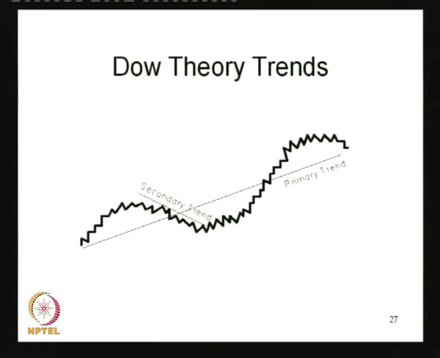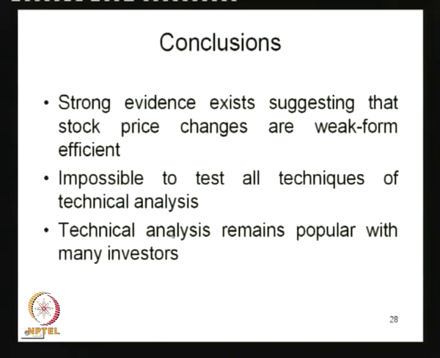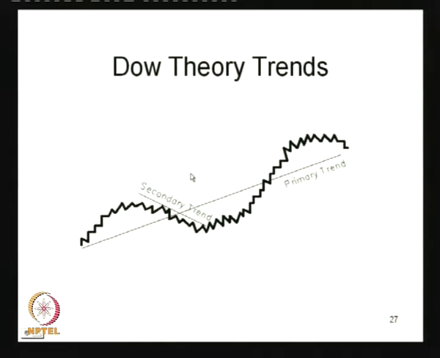This is your primary trend and this is your secondary trend, which we already discussed. If you take yearly data, a longer version of the data where the frequency is lower, we can observe a primary trend.